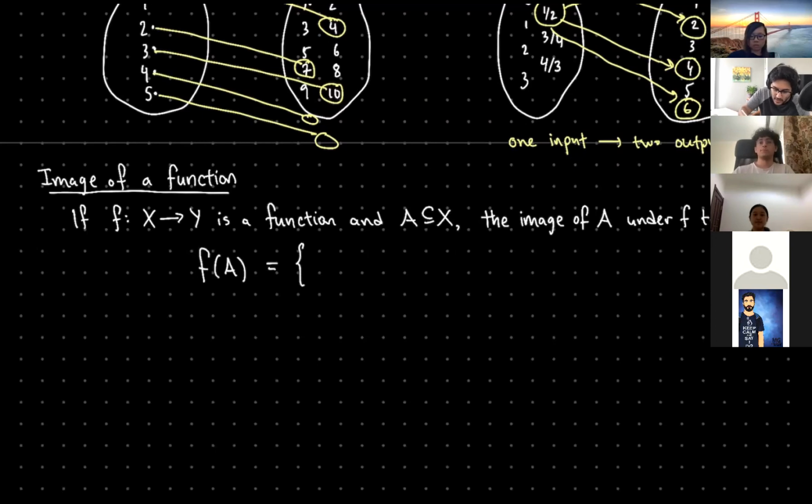It's the set of all possible outputs where the inputs come from A. So it's the set of all possible f of a's where a comes only from our subset capital A.